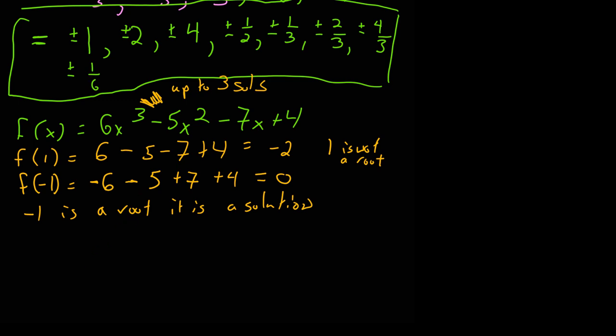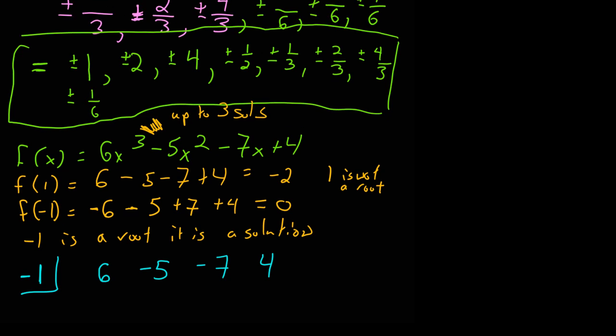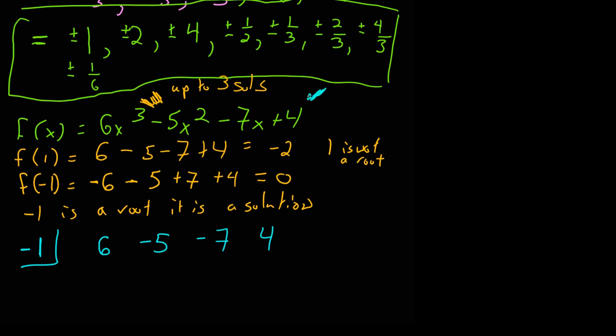And so I'm even going to use synthetic division to do it for me. So I'm going to write the coefficients of my polynomial. I'm going to write my k, which is the root, out here. And I'm going to do my synthetic division. So I'm taking this larger problem, and now that I have found one solution, I'm going to make it into a smaller problem by dividing by that solution.